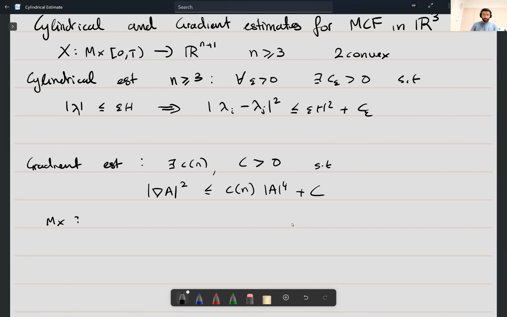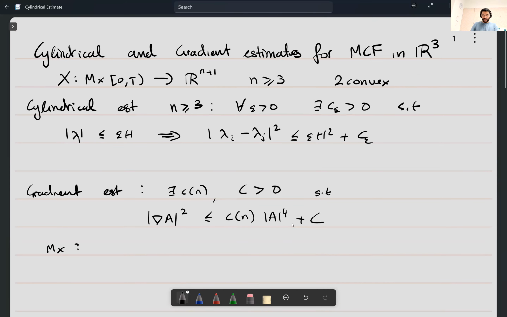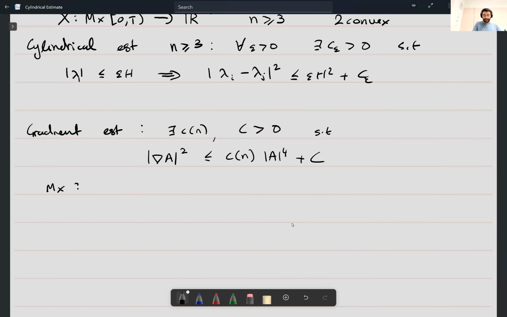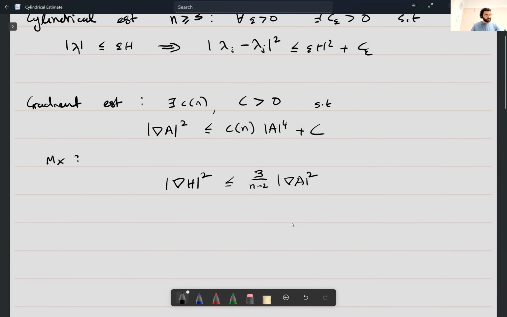When I proved the gradient estimate, it was very important that I chose n greater than or equal to 3, because you had this particular estimate, something like grad h squared is less than or equal to 3 on n minus 2 grad A squared, or is it the other way around? I can't remember, but we use this kind of thing over and over again in order to prove this gradient estimate.